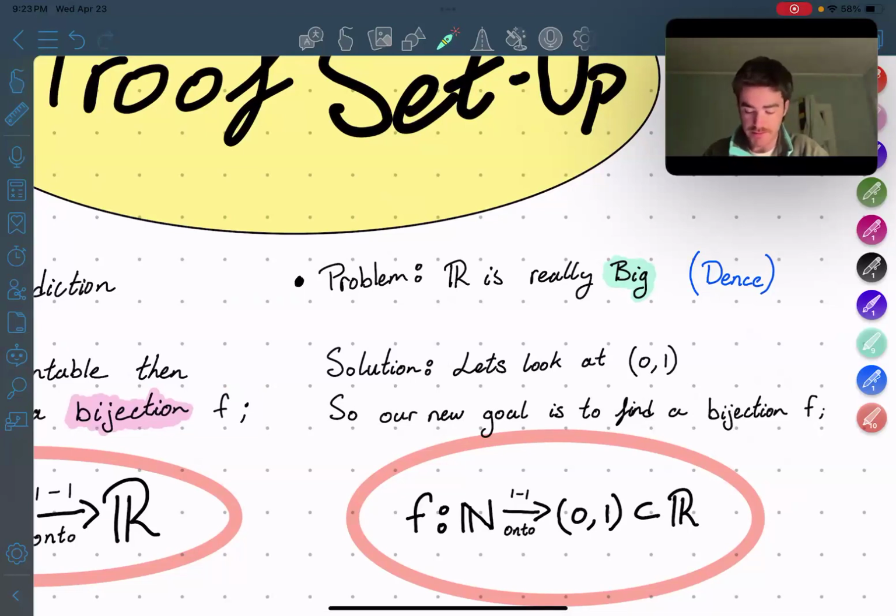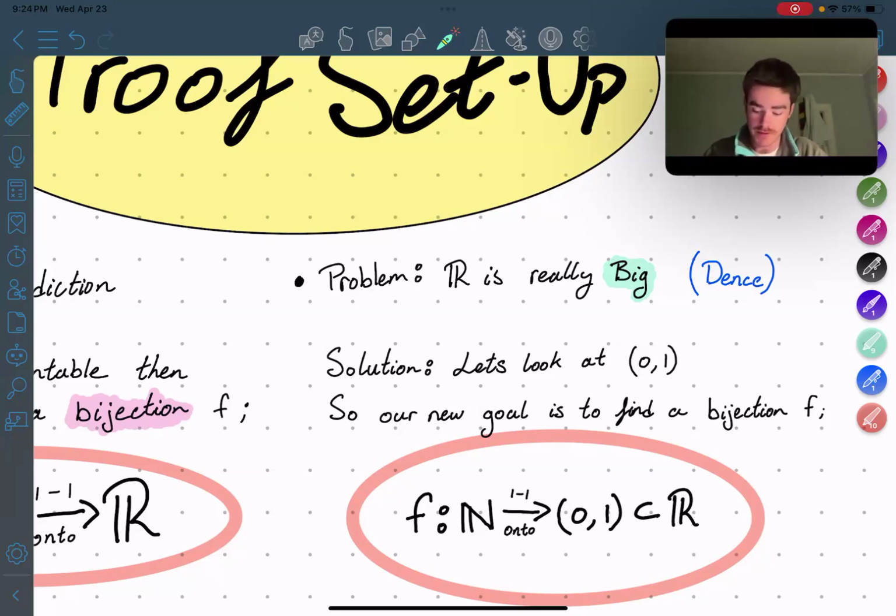It's dense. So instead of doing all of R, we're going to look at just in between 0 and 1. So our new goal is to find a bijection that goes from the naturals to the interval 0 to 1 in the reals. So it's still a subset of the real numbers, but just to make everything a lot nicer, we're going to just do the interval 0 to 1.